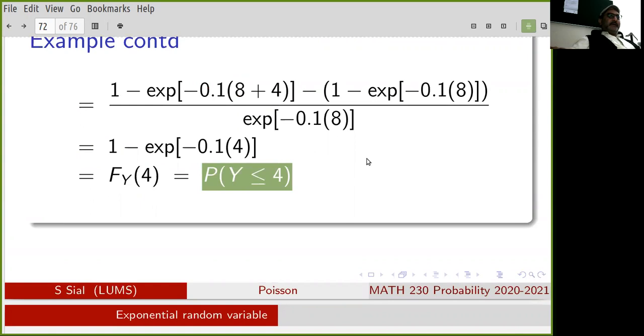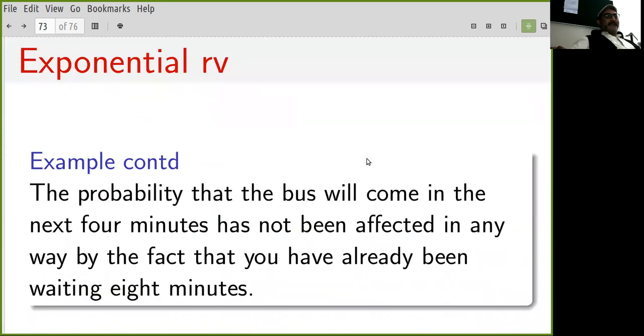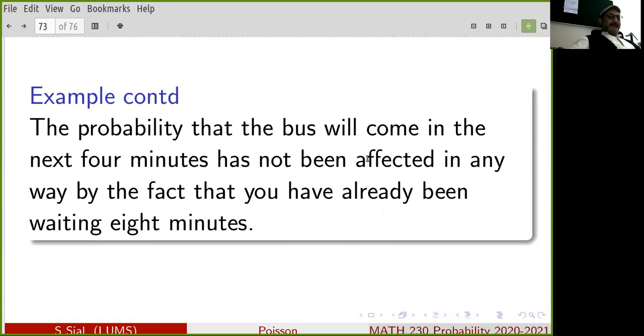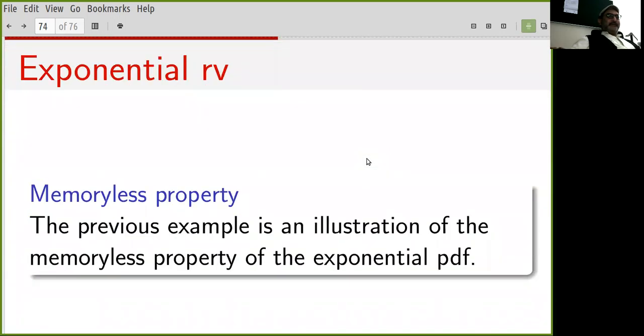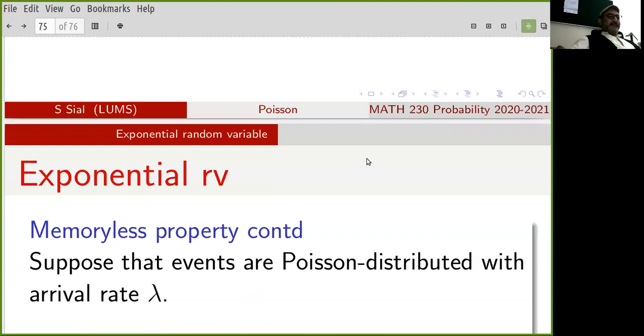So the exponential random variable has forgotten that you've waited 8 minutes. Once again, the probability that the bus will come in the next 4 minutes has not been affected in any way by the fact that you have already been waiting 8 minutes. This is called the memoryless property, and this is a unique property of the exponential PDF.